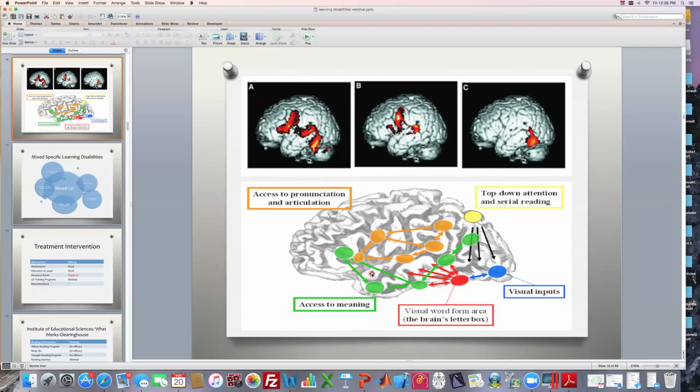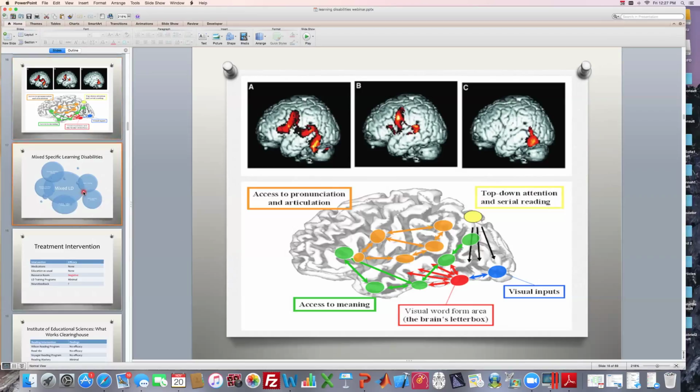Here you see a basic connectivity diagram showing pathways from visual inputs to the word form area, to semantic areas, to phonology areas. And basically any disruption in any of these links in the chain can lead to reading or reading comprehension problems. And frequently when we see an individual, we like to use QEEG, specifically connectivity metrics, to see what we're dealing with and where this is breaking down for that individual.